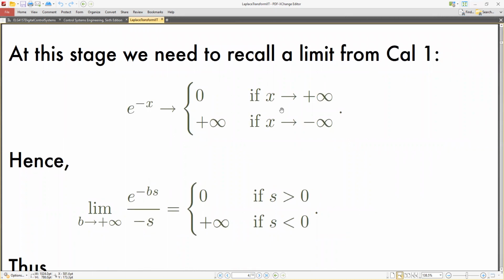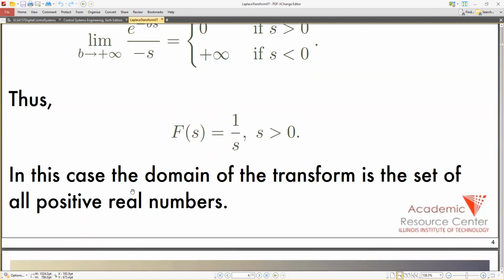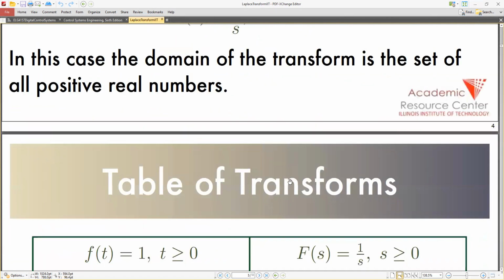If x is positive infinity, then the limit is 0. If x is negative infinity, then it is positive infinity. So we can write like this. So F(s) would be 1 by s. In this case, the domain of the transform is the set of all positive real numbers.